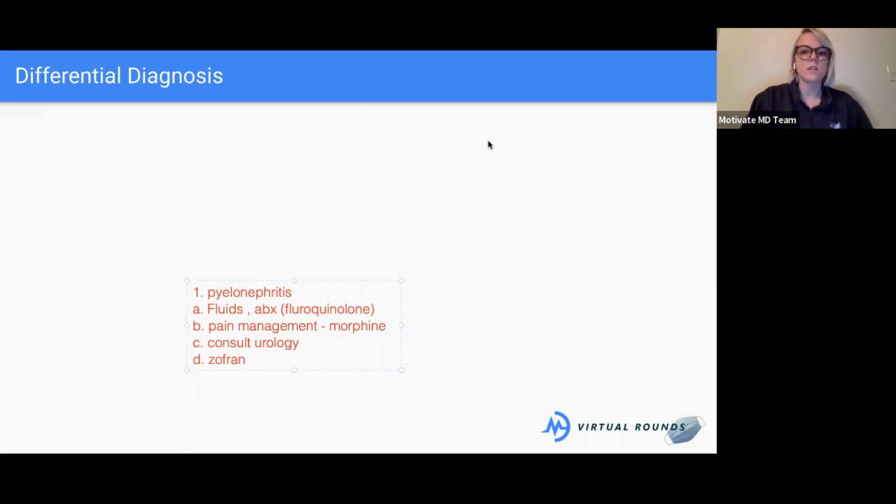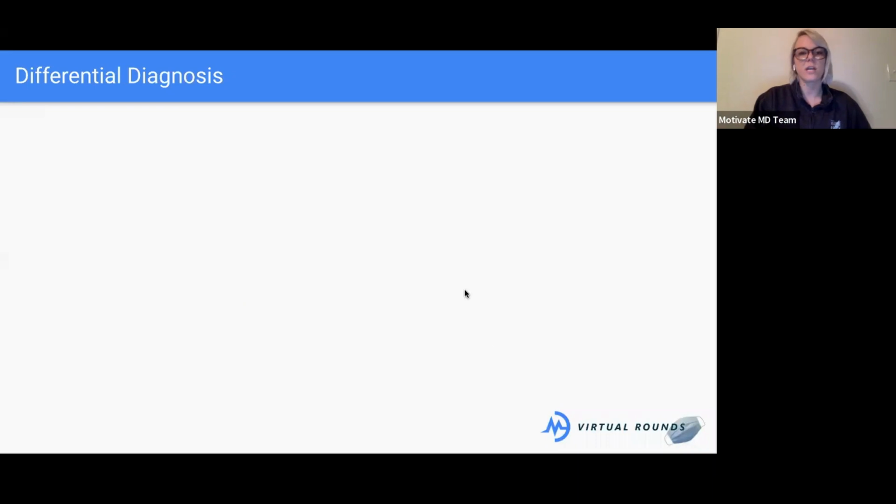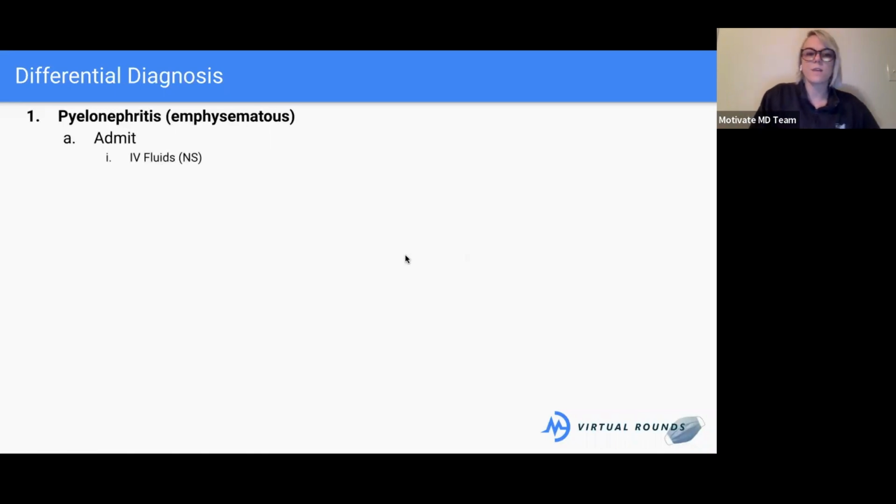Okay, so good. You guys did a good job discerning these things. I want you to make these management decisions and think about this stuff, not only what it is, but how we go about it. So I put admit, we want to give IV fluids, probably normal saline. We give IV antibiotics, and then upon discharge, they'll finish those out orally. So it's not like we're giving everything in the hospital.